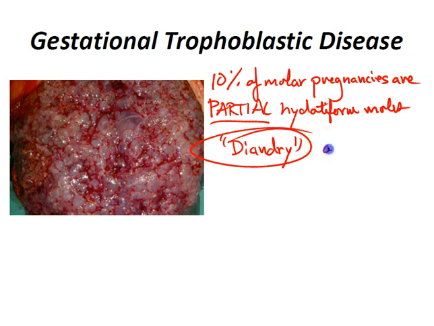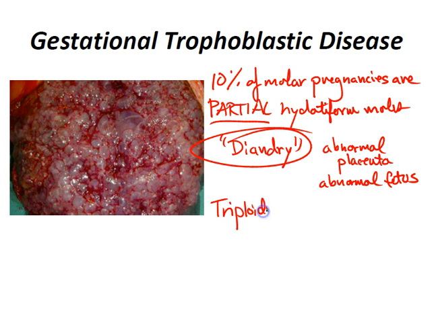So you get an abnormal placenta. And you get an abnormal fetus, which is ultimately non-viable. Now this is a triploidy. But remember, it's just 10% of the time.